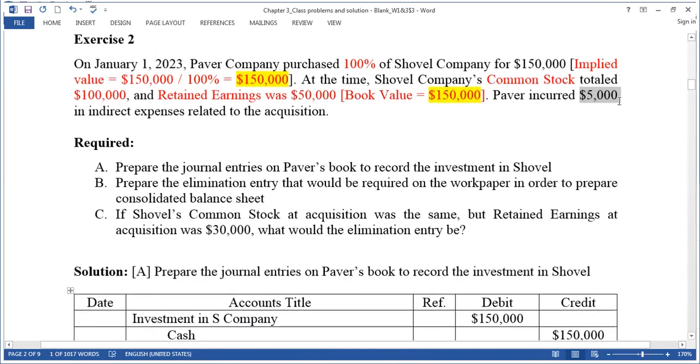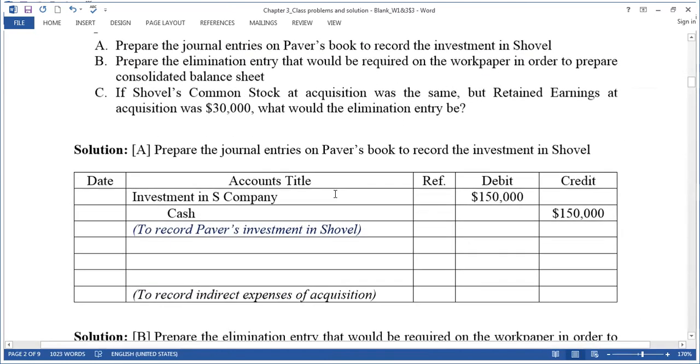We cannot capitalize it. So we have to record this acquisition cost separately.